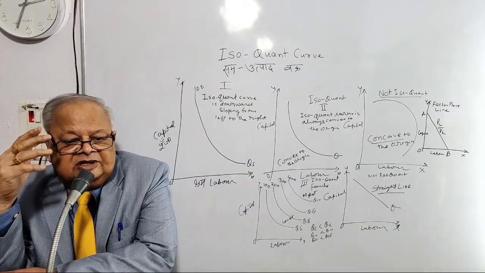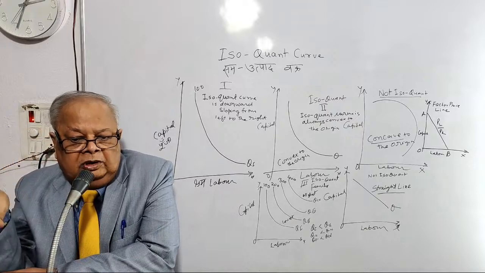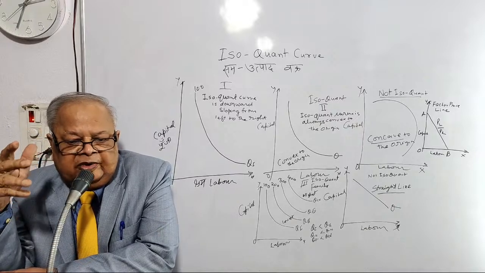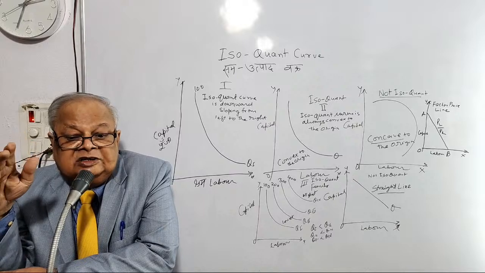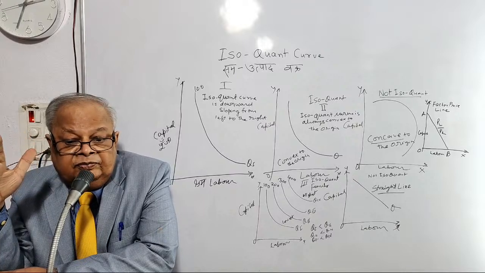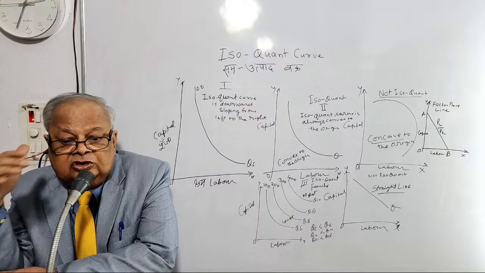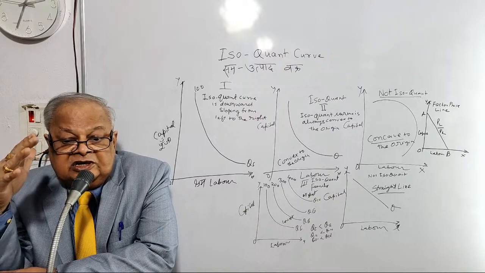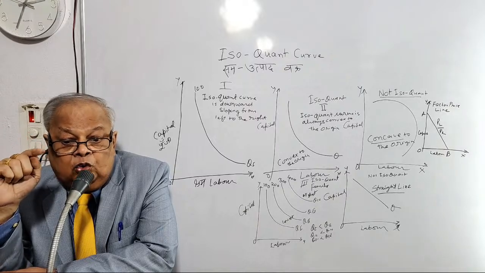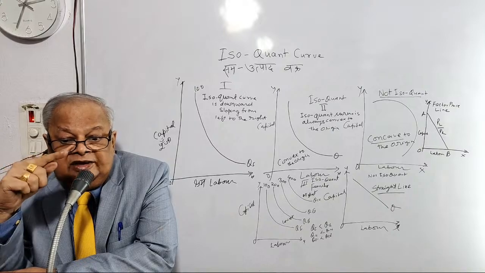What is the factor price line? You draw it in your own copy. Factor price line is a straight line. Factor price line is a downward sloping line. Factor price line touches the OX axis and the OY axis.